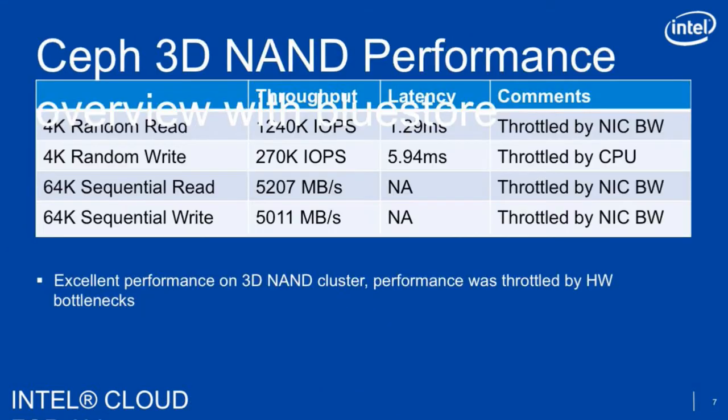In this configuration, it's not good, but for 4K random read, we got 1.25 million IOPS. And if you look at the random write performance, it's doubled compared with the previous file store, 270 or 280K IOPS.